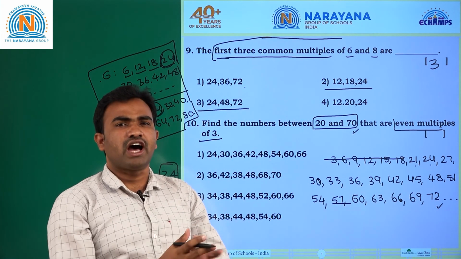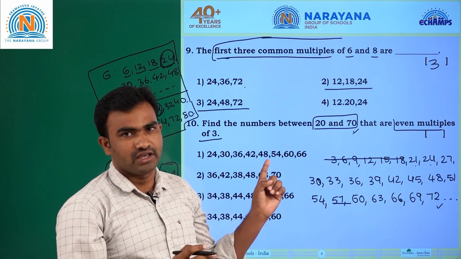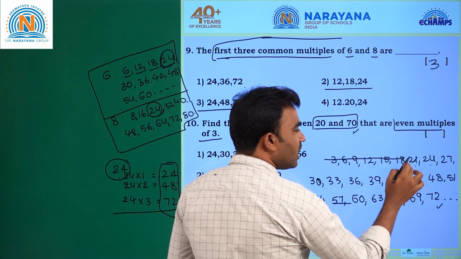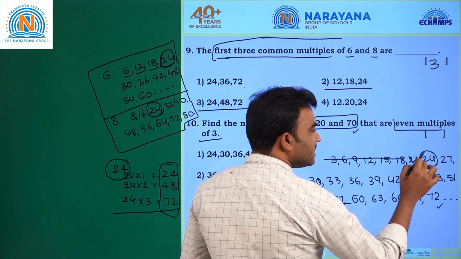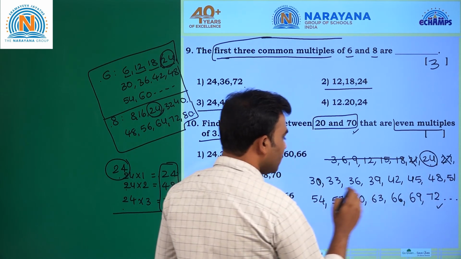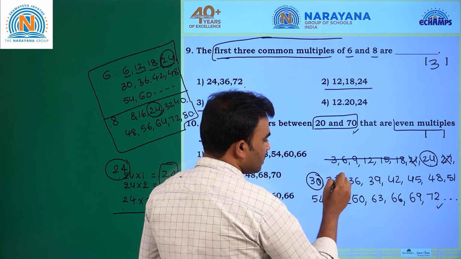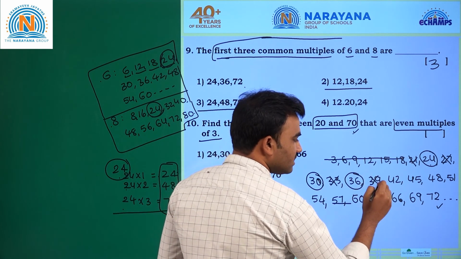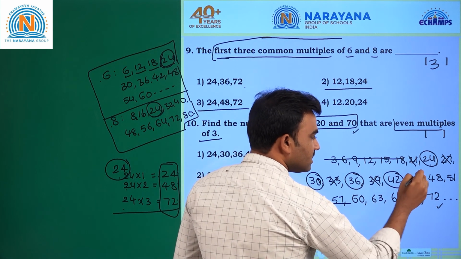Now you just cross out the odd multiples of 3 which are in between 20 and 70. 21 odd number, yes, circle it in the next one. 27 odd number, circle the next one. 33 odd, 36 even.